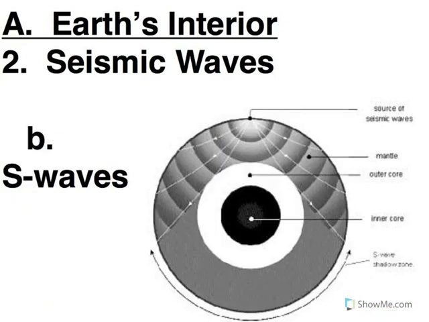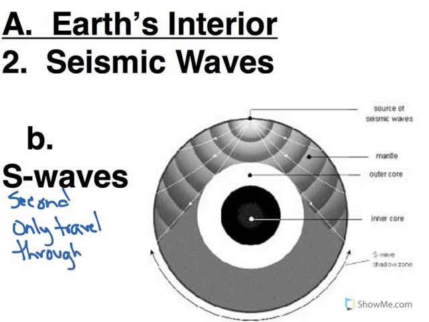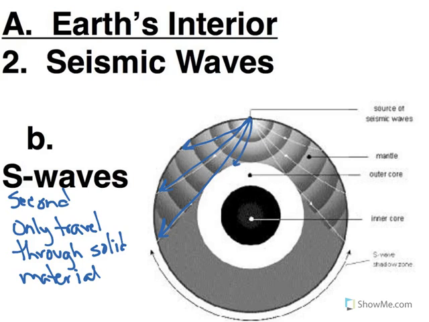The second type are called S waves, and S is for second. So these are a little bit slower, and these only travel through solid material. So here we see our S waves going through solid part of the crust and mantle, but as soon as you hit any angle that's going to take you towards the molten part of Earth's interior, it's not going to travel through.